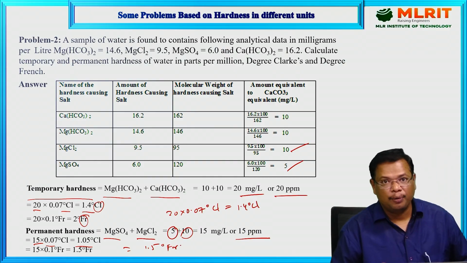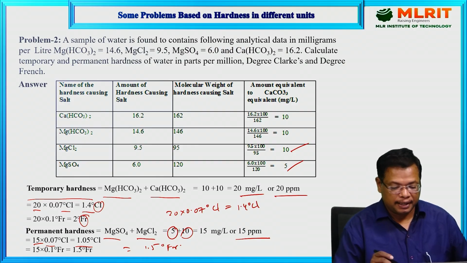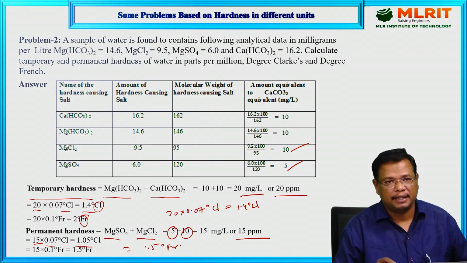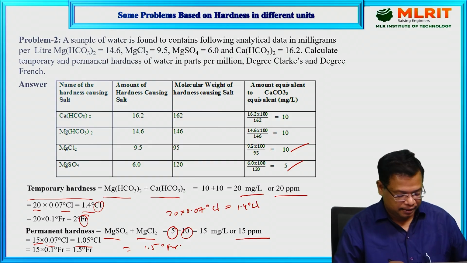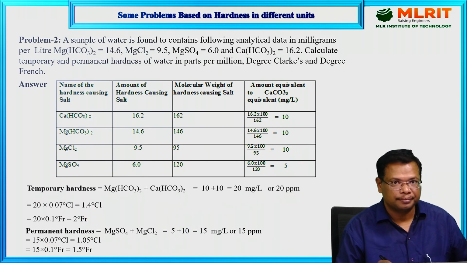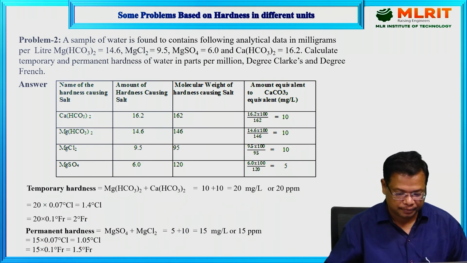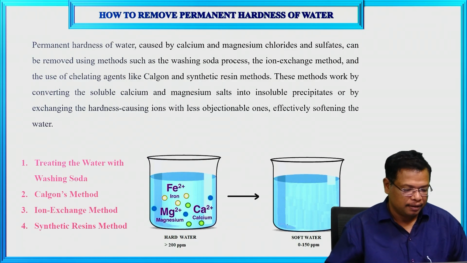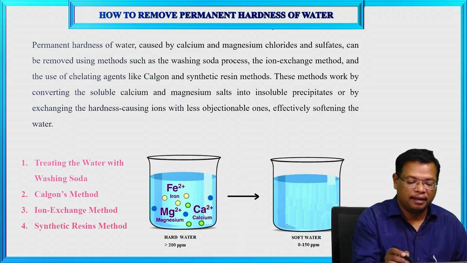This is how we can calculate the hardness of the given sample and how we can convert the units into different international units. Next, how to remove the permanent hardness of the water.